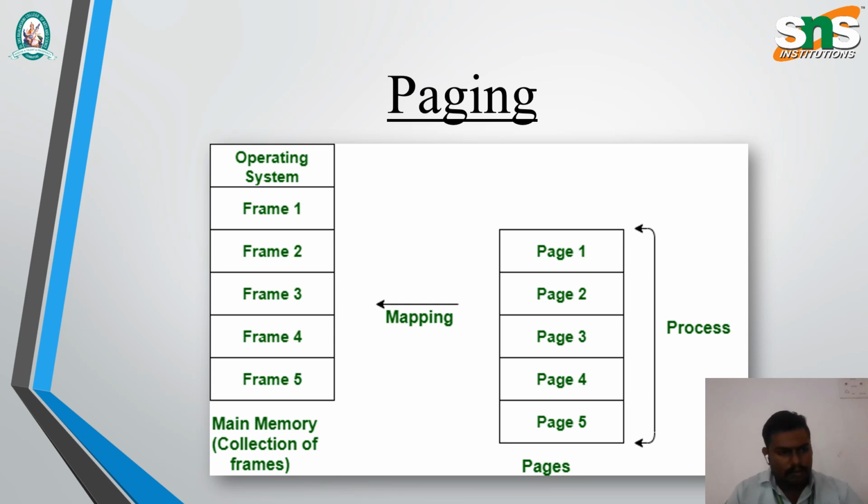The frames are in main memory, nothing but RAM, divided into fixed size physical memory blocks called frames. The pages of a process are loaded into frames in main memory as needed.